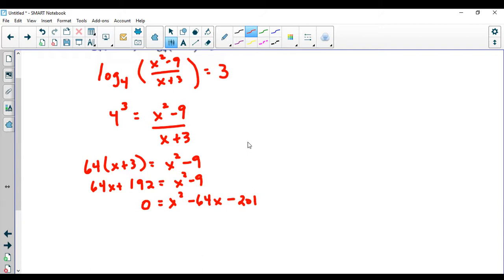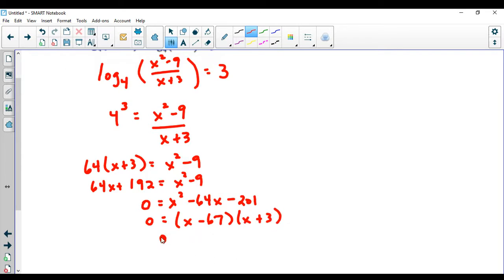So let me think here. This one takes some guessing and checking, but I find out that I get x minus 67 and x plus 3.